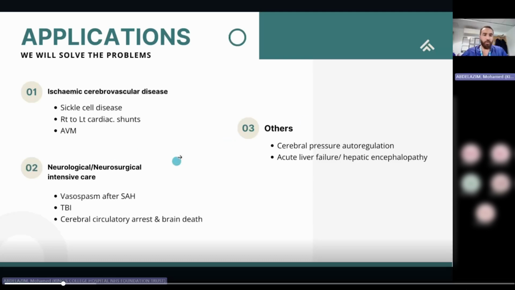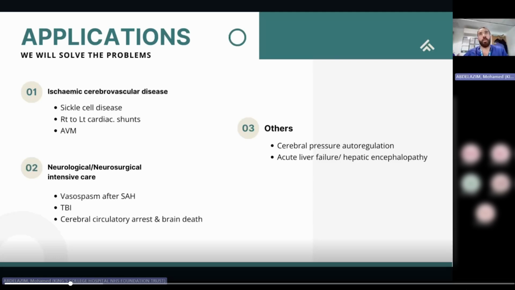Other applications could be neurological or neurosurgical intensive care monitoring, like what we usually get after a subarachnoid hemorrhage, which is usually a local vasospasm, where you will get a higher velocity in the specific scanned vessel. Another thing is TBI, which we encounter quite a lot here in our PICU.